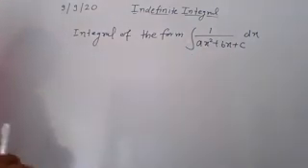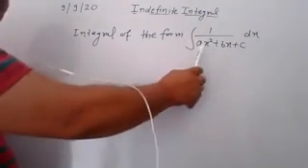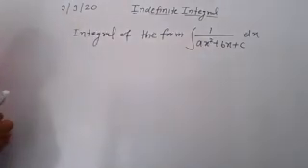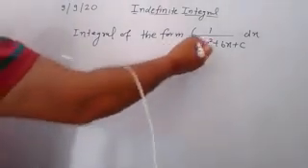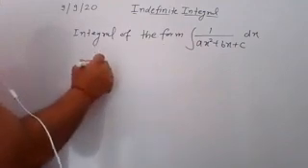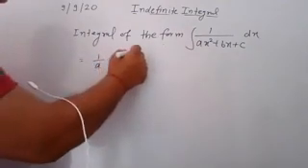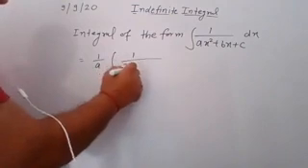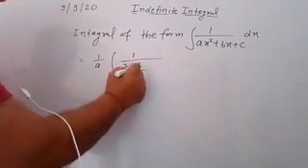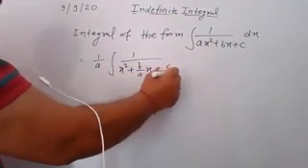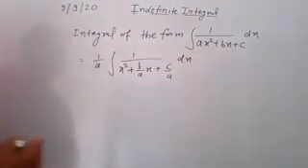First of all, you have to make the coefficient of x square as 1. So for that you have to take a common. So you have 1 upon a, and then 1 upon x square plus b upon a into x plus c upon a dx. You have your result like that.